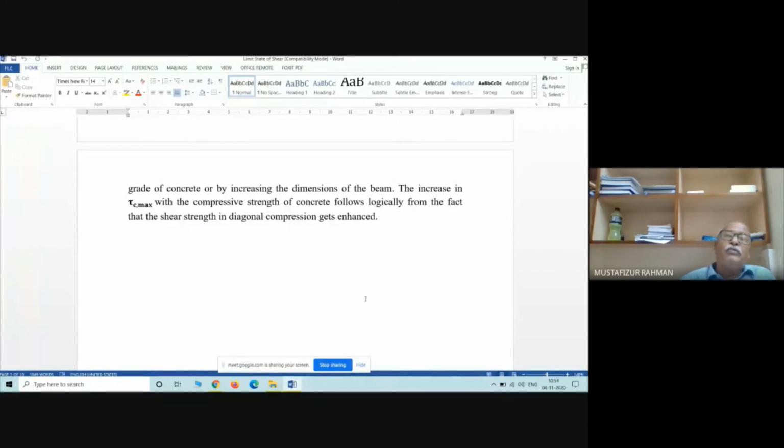Then, with respect to the area of steel, we will find out tau C. Now, we will compare tau V and tau C. If tau V is within the limit of maximum permissible value, then our conclusion is that only shear reinforcement will be sufficient.